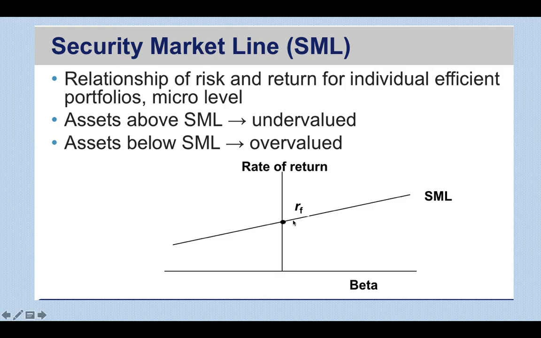Okay, so we talk about the security market line. Assets above the security market line, as we saw in the previous slides, have an alpha greater than 0, so that security is considered undervalued, so it's good to buy.